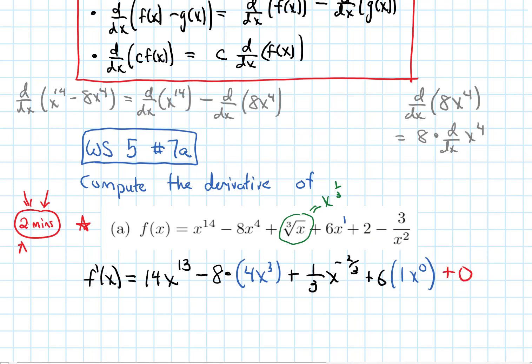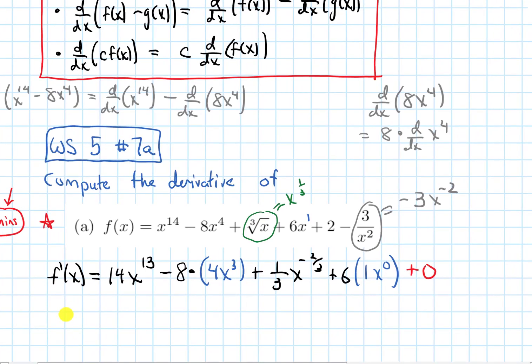So I'll get plus 0. For the last term, let's rewrite this by bringing the x squared up to the numerator, with the negative sign, so I'll get minus 3x to the negative 2. When we do that derivative, the minus 3 stays, multiplying, and the power rule on x to the negative 2 gives me negative 2x to the negative 3.